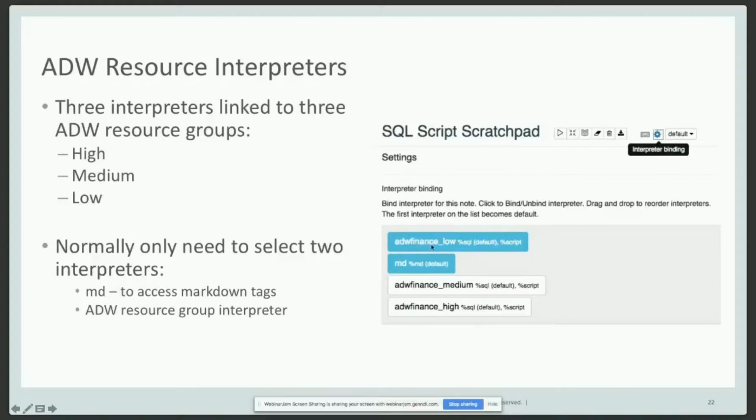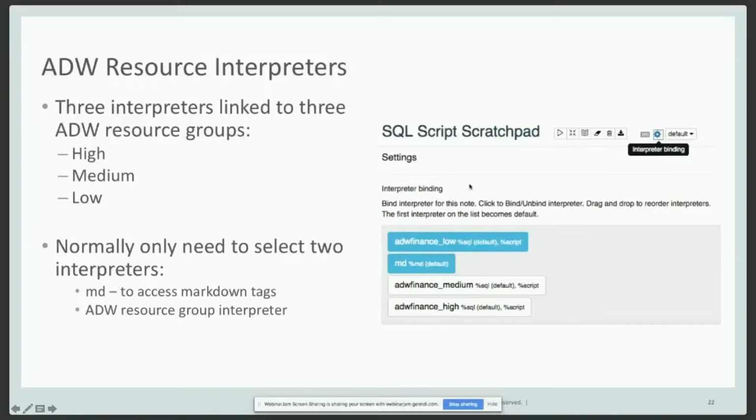Mine's called ADW Finance, and I've got low, medium, and high. And this just determines how many parallel resources you get for executing your query. Obviously, high gives you the most resources and would be expected to run the query faster than, for example, medium or low.